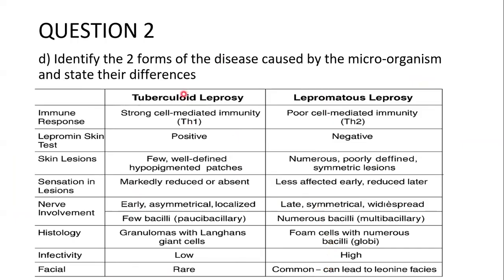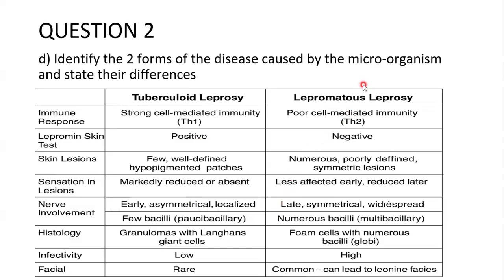So in summary, because you have to know these differences, just remember that tuberculoid has highly cell-mediated immunity and a low bacterial load.